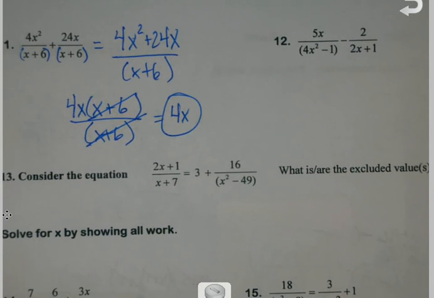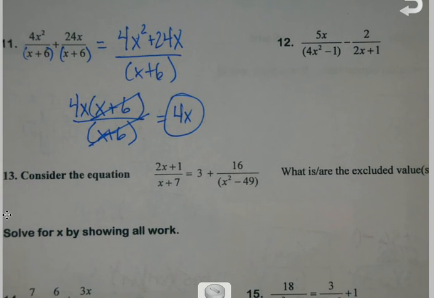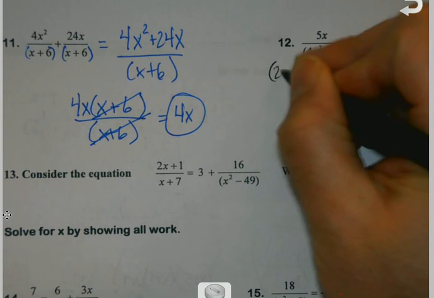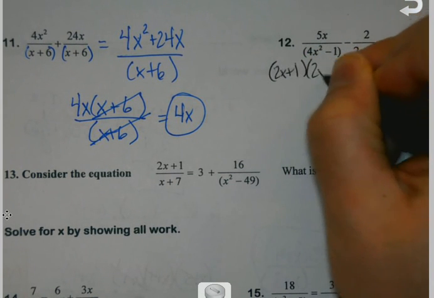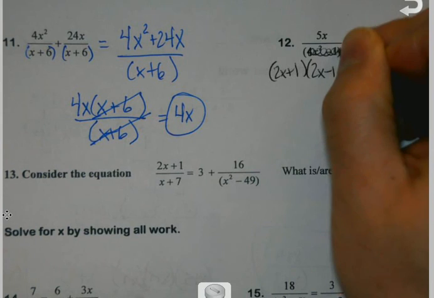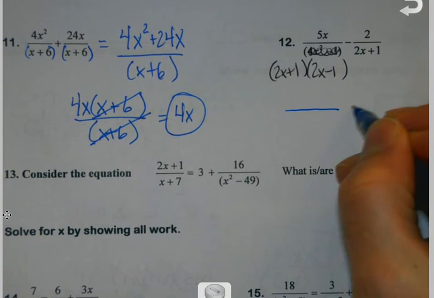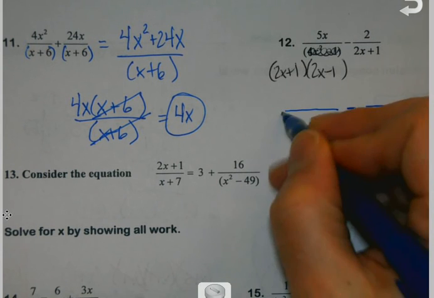All right. 12. Factorable denominators. There you go, people. Difference of squares. With one additional little issue this time to play with.